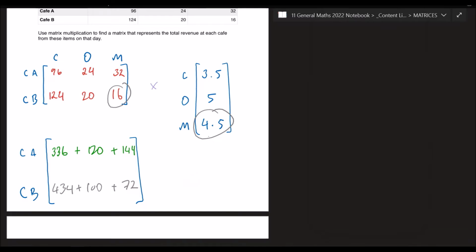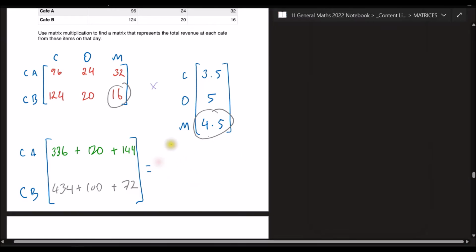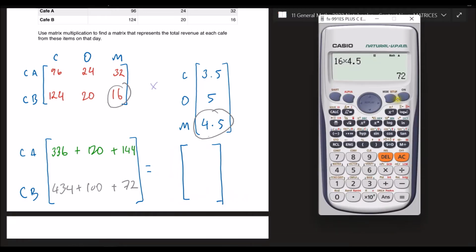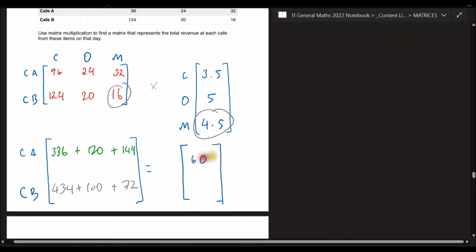Now we add them together. So you've got to make sure you're able to do this by hand, guys. Then just add them all up, and that should give you your value. So 336 plus 120 plus 144, 600.